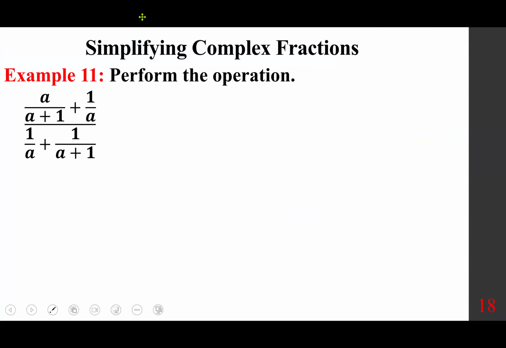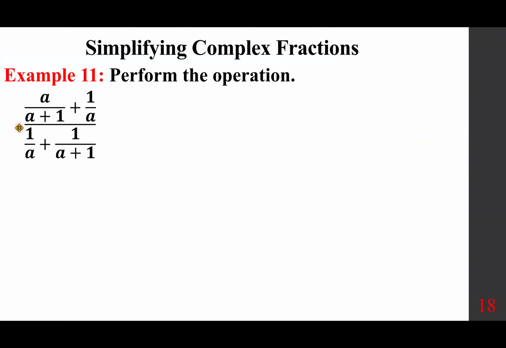We want to simplify a complex fraction. Remember, a complex fraction is a fraction within a fraction. So what is the best course of action to simplify a complex fraction?